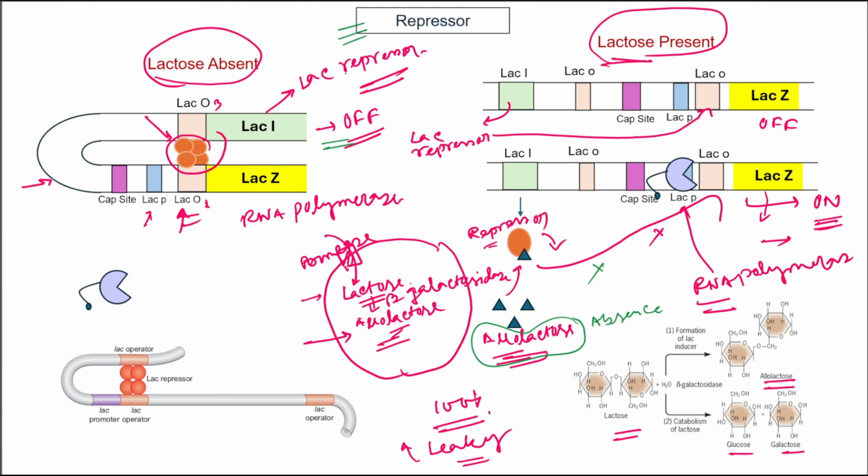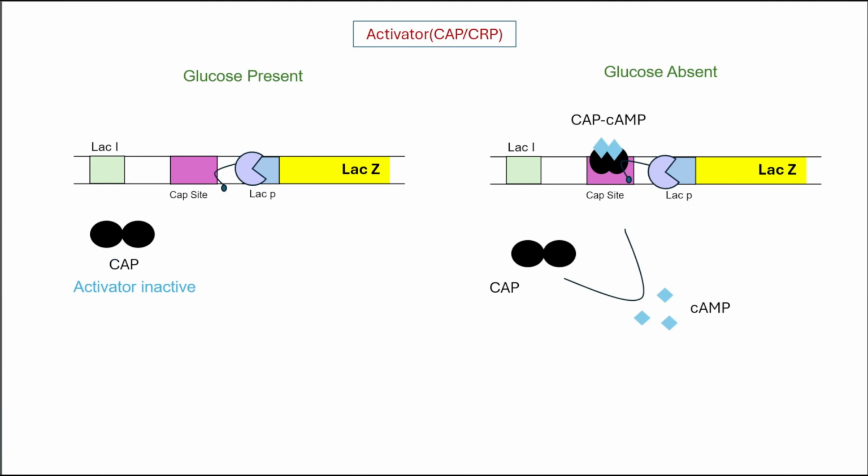Now let's explore the function of the activator, that is CAP, also called catabolite activator protein, and also called CRP, the cAMP receptor protein. This activator functions depending on whether glucose is present or absent.